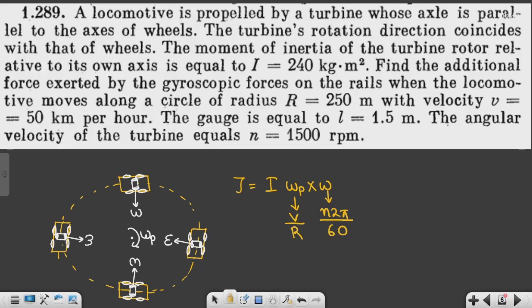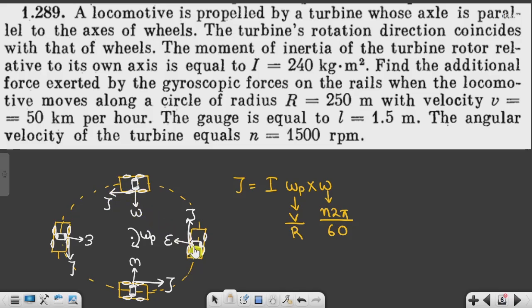Now you have to understand the important concept. In what direction is the torque? See, torque out here in this position will be in this direction. Torque out here would be in this direction, and here, and here.